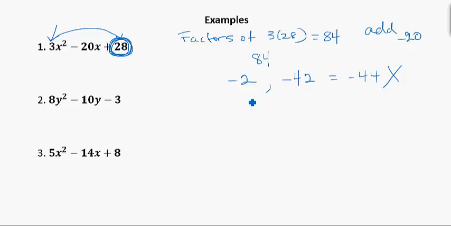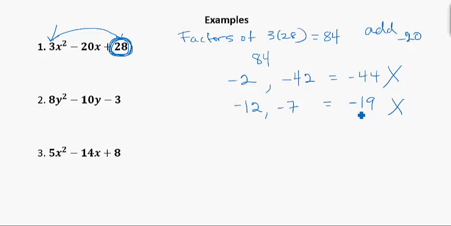Let's see, 84 and 12. I could do a negative 12 times a negative 7. When I multiply them, I do get a positive 84, but when I add these, I get a negative 19, which is obviously closer, but it's not exactly what I am looking for.